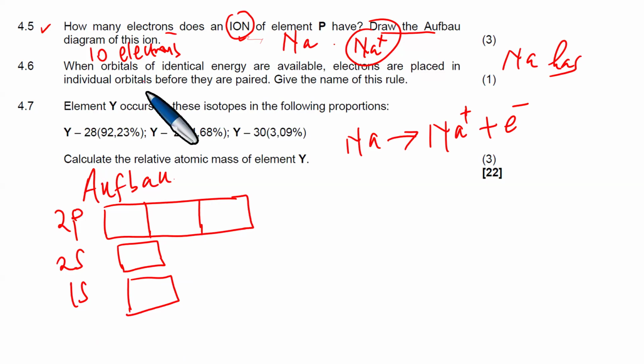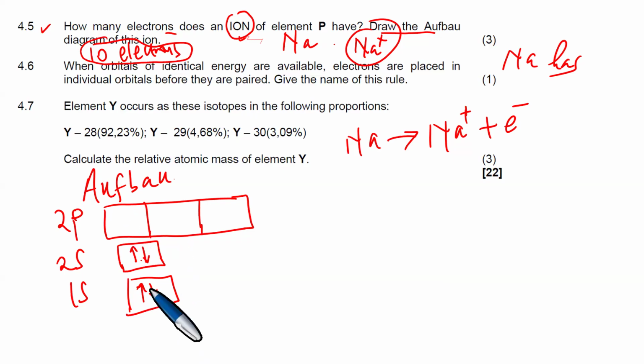Now we note that we're dealing with a total of 10 electrons, and we need to put the electrons. We start with 1s, which can have a maximum of 2 electrons. The 2s also has a maximum of 2.